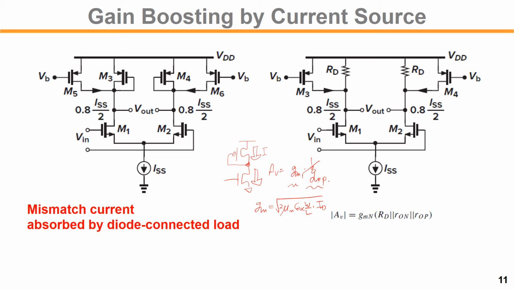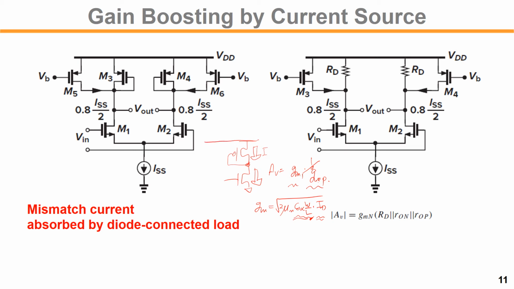If you want a large gain, you need either a different size or a different current, but in this configuration you are sharing the current level, so the only way to change the gain is the sizing. So we don't have much design freedom with this configuration.